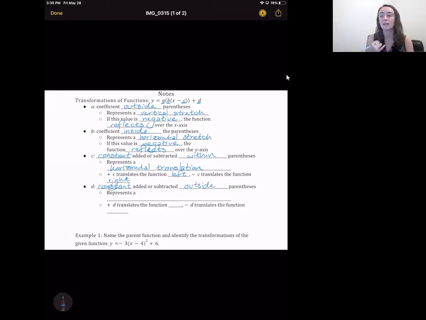And this constant d will represent not a horizontal translation like c, but d is going to represent a vertical translation. If we have a positive d, plus d, this will translate our function up. And a minus d or a negative d will translate our function down.